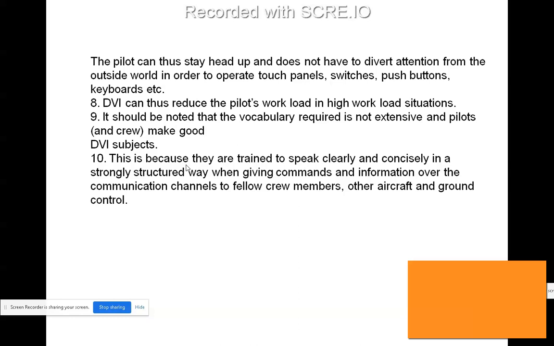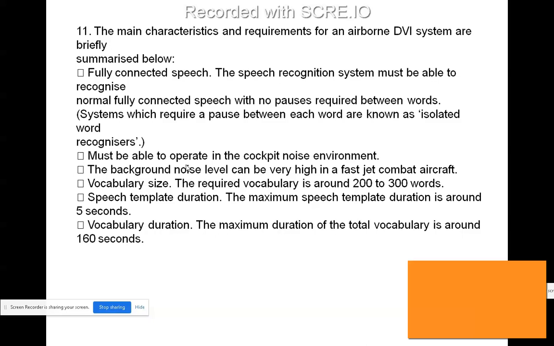So here the vocabulary will be very clear, because they are given training for all these vocabularies to give commands to the aircraft system, other aircraft, as well as other crew members. So the voice command will be very clear to speak. It will be trained by the pilot.